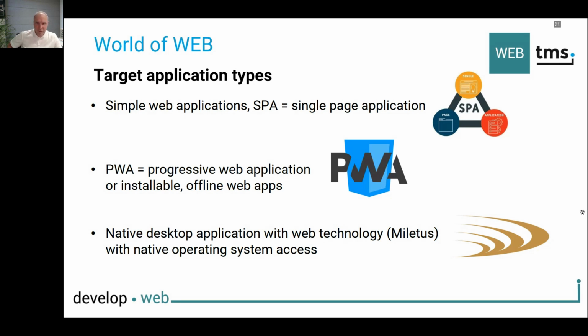But if you want to take advantage of the nice things that come with HTML and CSS for rendering nice user interfaces, but you still want to have access to, for example, the local file system, then Miletus is a nice technology to have a look at. Actually, to have an example of a Miletus application, we have our TMS dashboard.